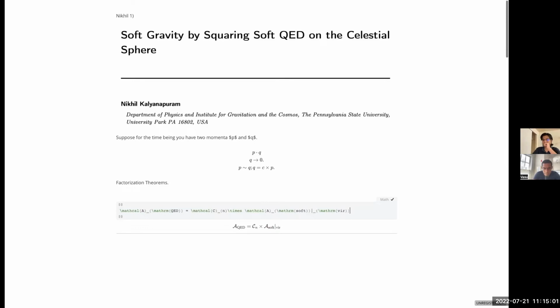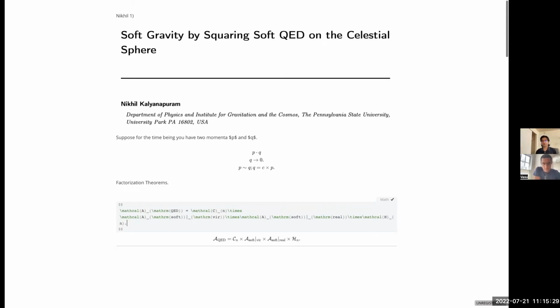So these are the soft divergences that are coming from the virtual pieces. And of course, you have the soft divergences coming from the real pieces. And just for sake of completion, you have the hard piece.